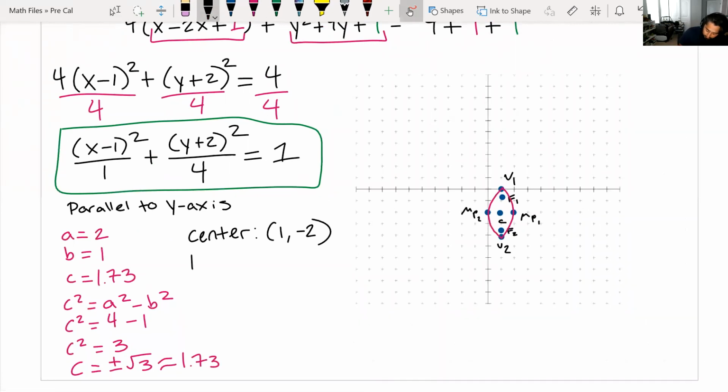Center. Foci. Where do our foci start? It'll start at 1. And then we did -2 plus 1.73, which would be -0.27.